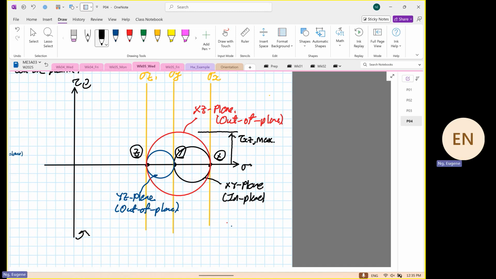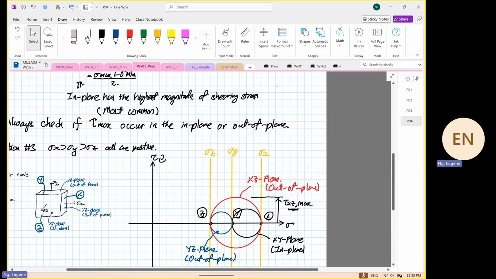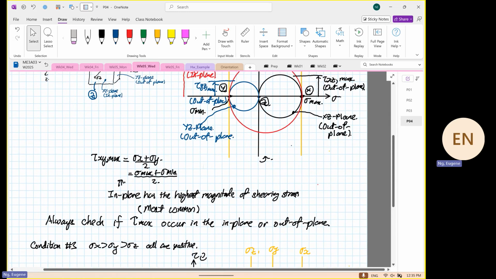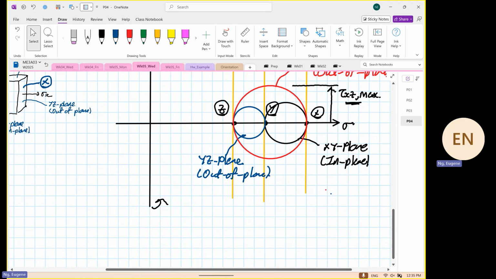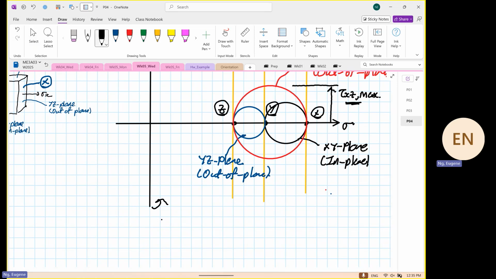Okay, so our XZ plane, our out of plane, has the what? Maximum shear. Okay, so like before, we have formulas for calculating maximum shear. So in this case, you realize that the shear XY max is also equal. If we label this stress max, this will be stress mean.